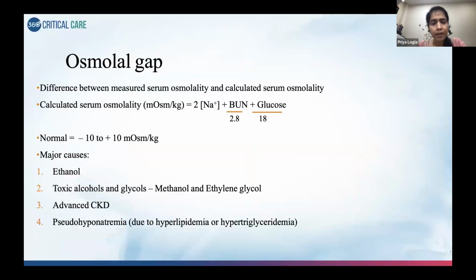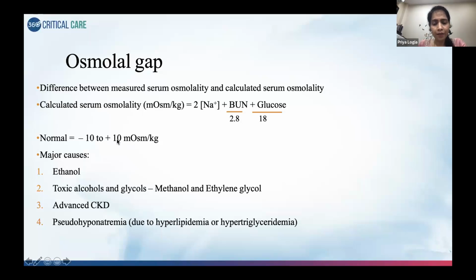So also remember, whenever you're dealing with a metabolic acidosis, anion gap, delta gap, and especially if the clinical scenario includes something like a toxin intake or something that is suspicious, osmolar gap also you have to check. So this is the formula for checking the osmolar gap. Normal will be 10.